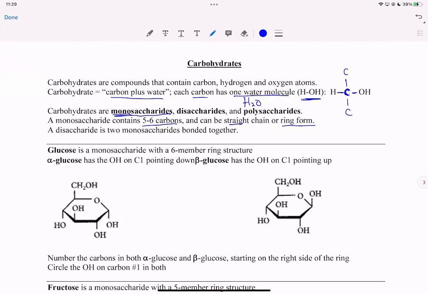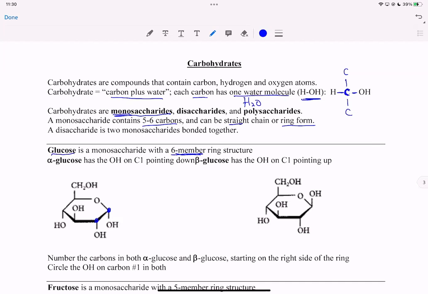A common monosaccharide is called glucose. So this is glucose, which is a 6-member ring structure. So 6-member means 6 points. And it's called 6-member because these points are not all the same atom. Each one of these is the line angle drawing here that shows a hexagon shape.